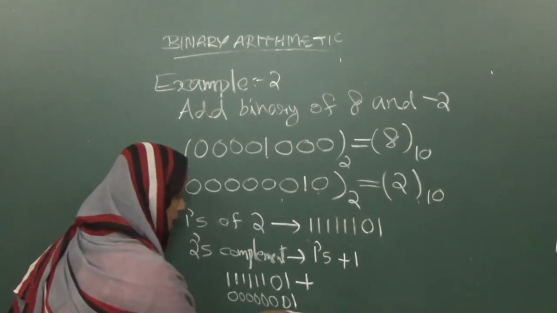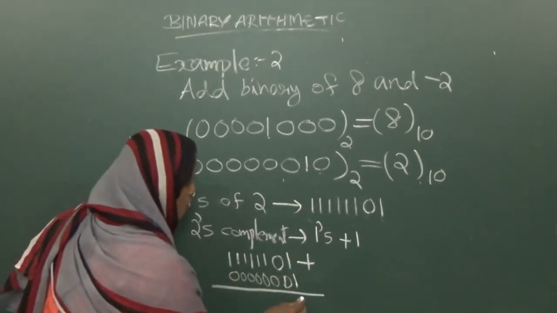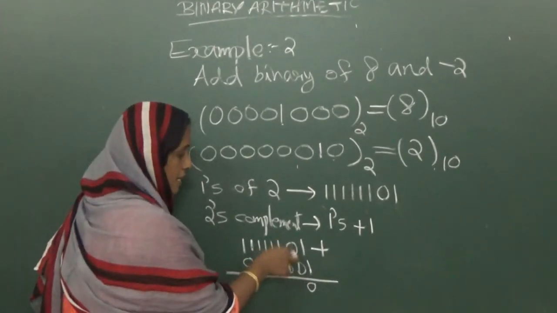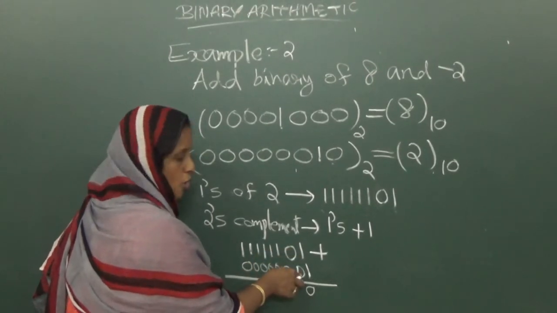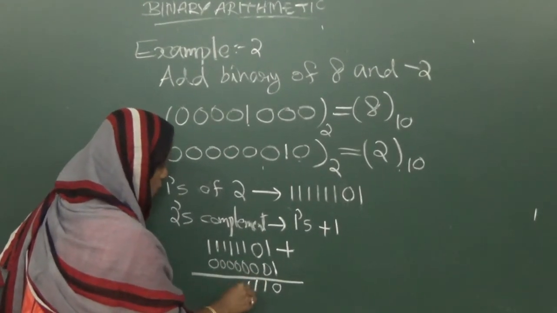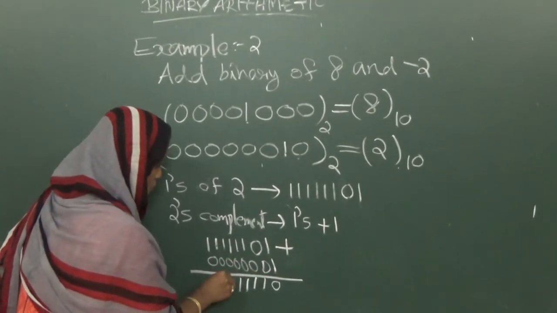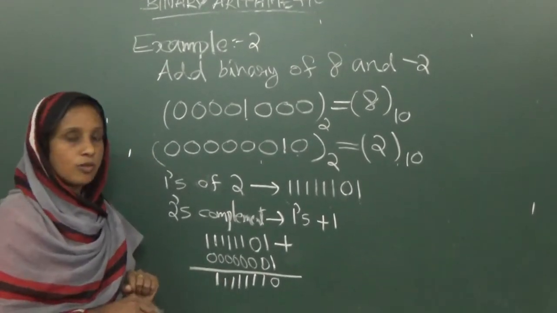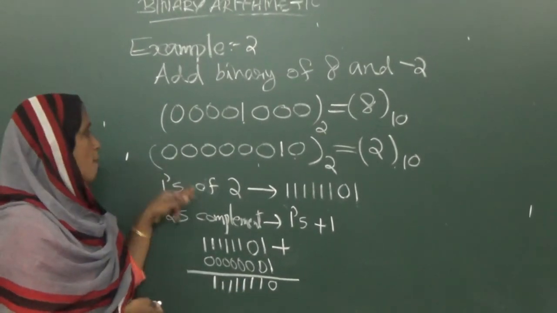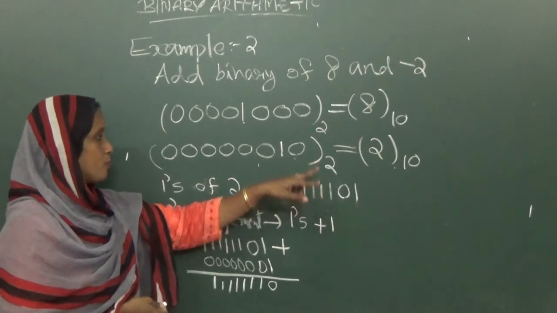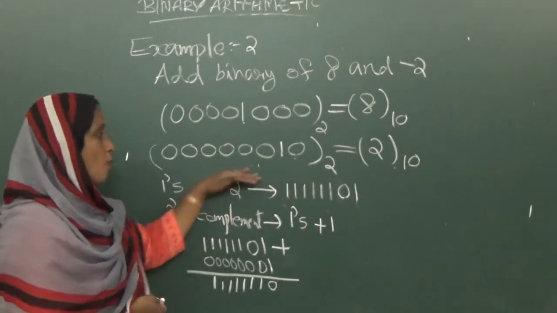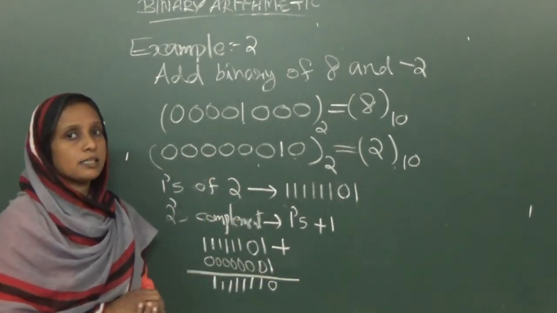So by adding this, 1 plus 1 is 0 with carry 1. Carry moves on to here. 0 plus 0 plus carry 1, 1. Then 1 plus 0, 1, 1 plus 0, 1, and so on. Okay, so we get this as the 2's complement of 2. 2's complement of 2 is called as minus 2.